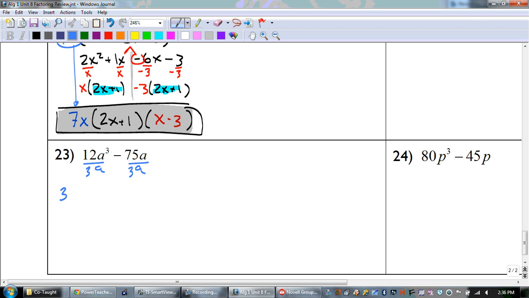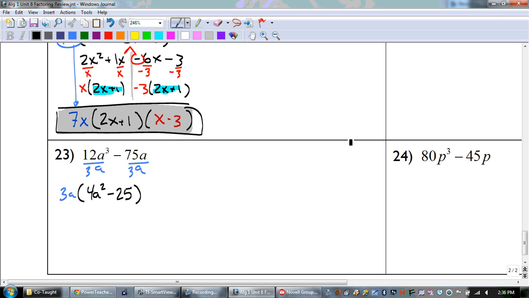So the 3a comes out front. And then 12 divided by 3 is 4, and then we get a squared minus 75 divided by 3 is, not 5, 25. And a divided by a, cancel. So we're left with 4a squared minus 25.